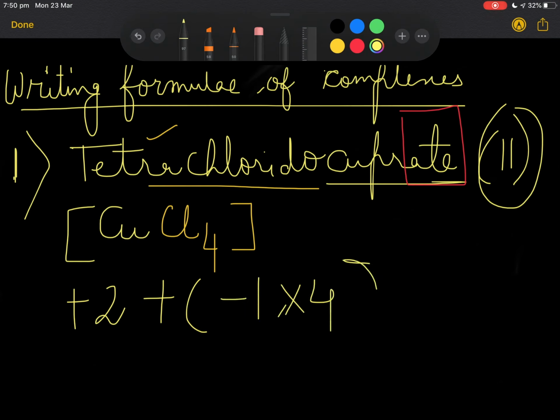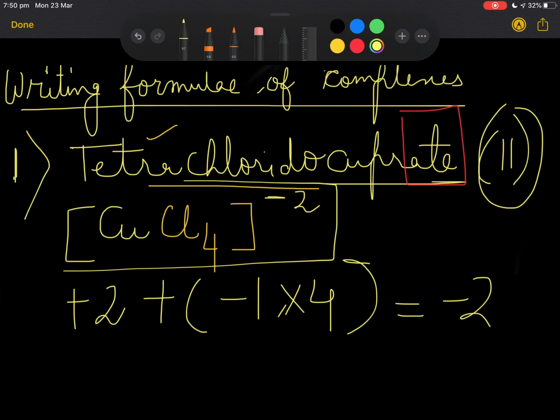So what's the number you're going to get? You are going to get -2. So that's the charge on this complex, which I have to write as -2. This is how we write the formulae of the complexes. So this is one example for you. Hope I made it clear.